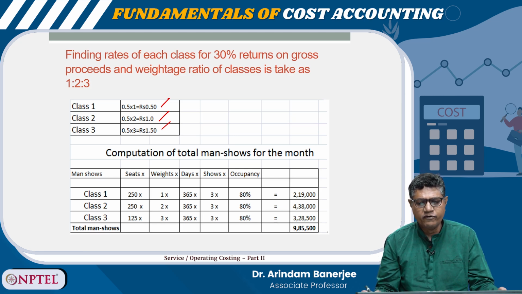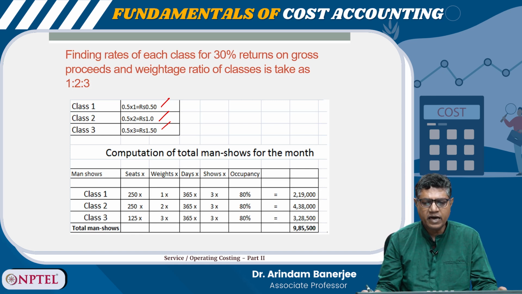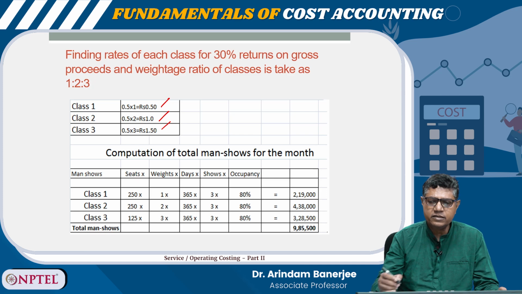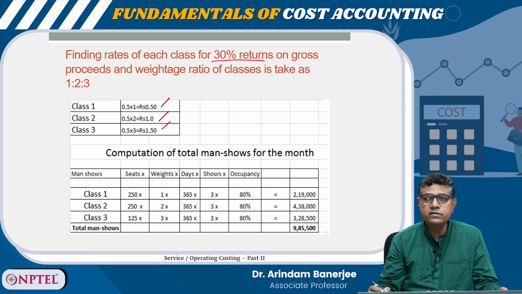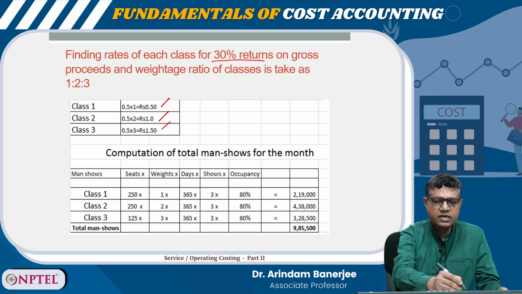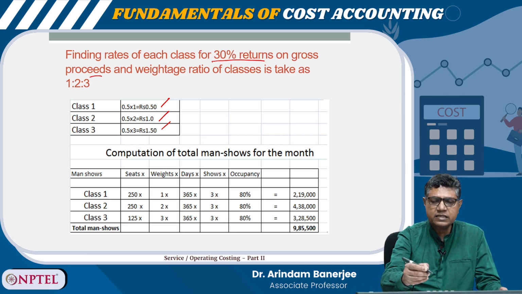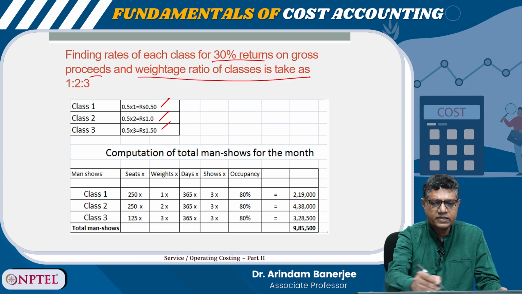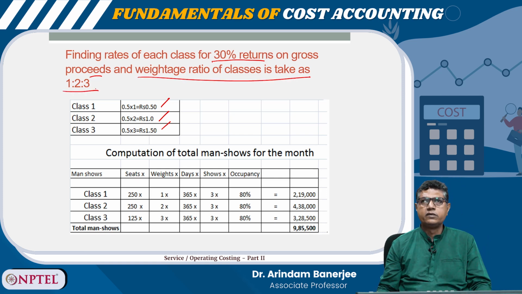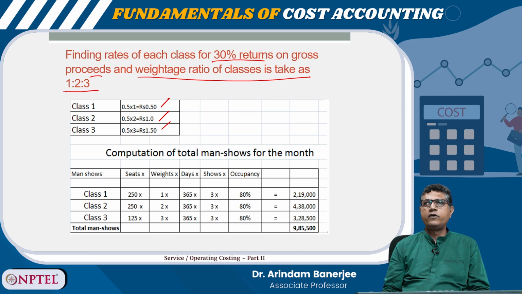Why are we taking the weights like that? Because my assumption is it will give 30% return on gross proceeds, and the weightage ratio of classes is taken as 1:2:3, right?